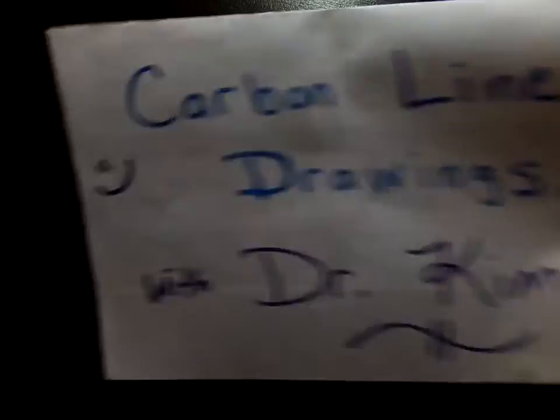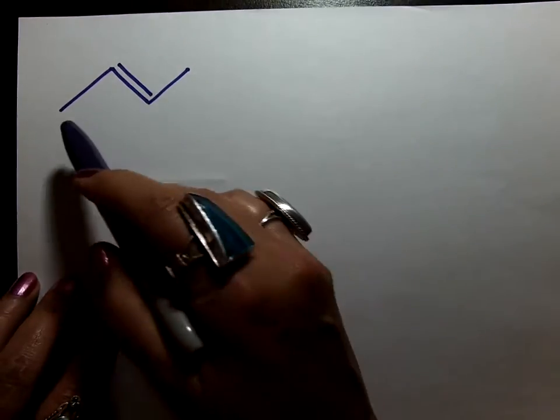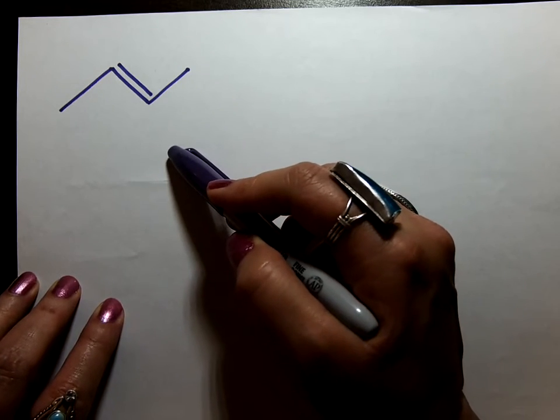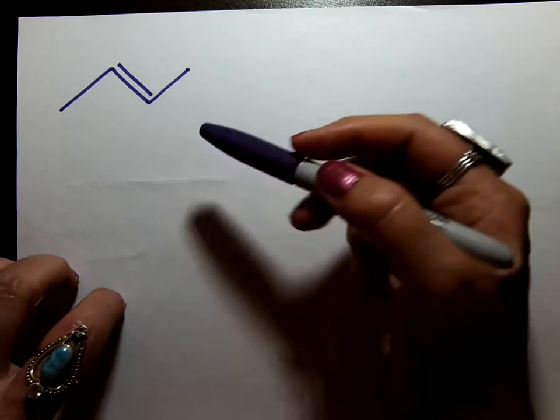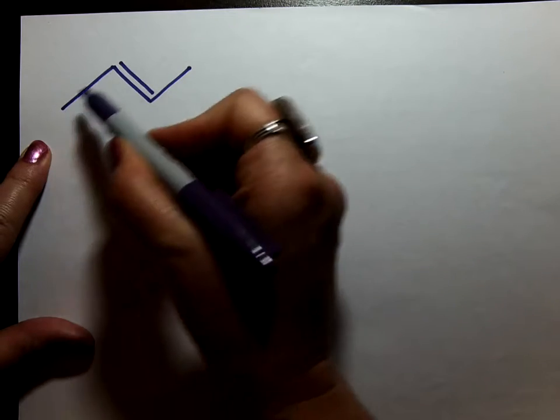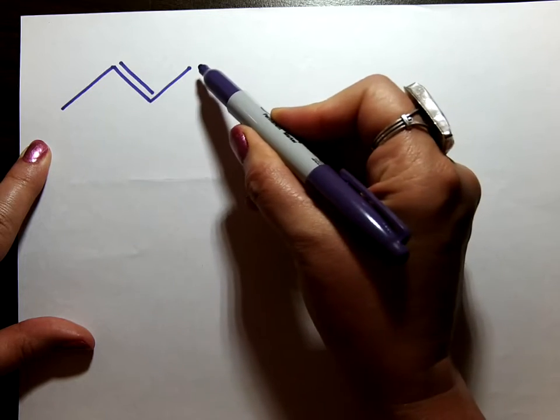So here we go. As you saw in lecture, a squiggly line like this actually means something in chemistry. It's a carbon line drawing. What we do with this is we put a carbon at the end of every line. So there's a carbon here, a carbon here, a carbon here, and a carbon here.